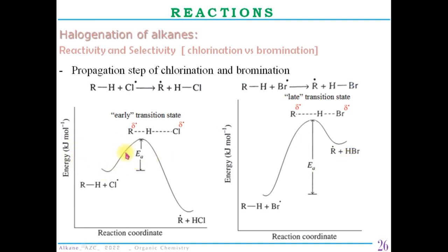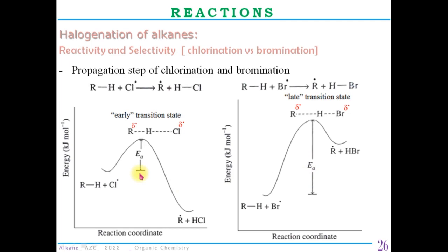Now if we look at the activation energy, in chlorination it is 60.8, while in bromination the activation energy is 75.6. So the activation energy of chlorination is lower than the activation energy of bromination.